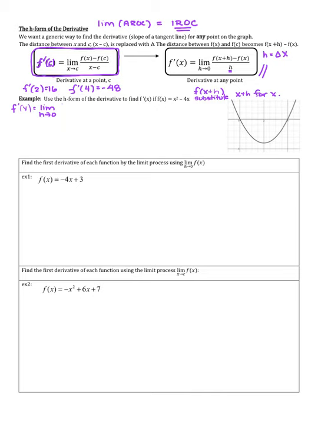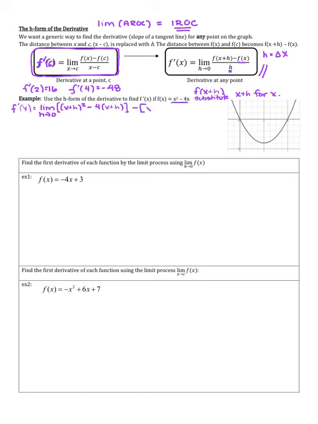So in my equation, x squared minus 4x, I'm going to have x plus h squared minus 4 times, instead of just x, it'll be x plus h. Then I'm going to subtract, so that's your f of x plus h, minus just f of x.